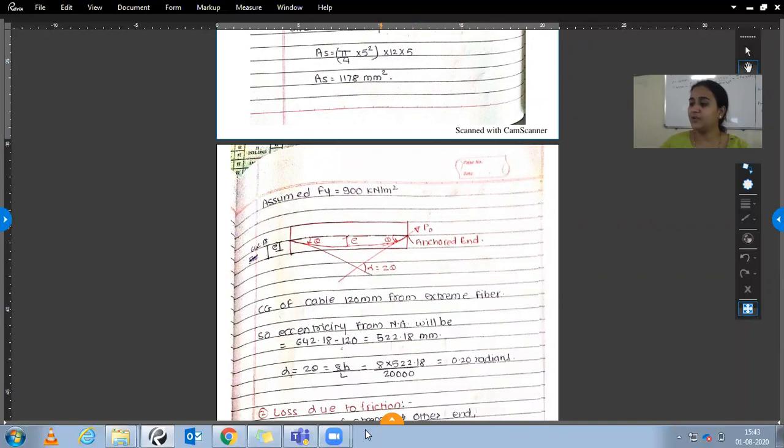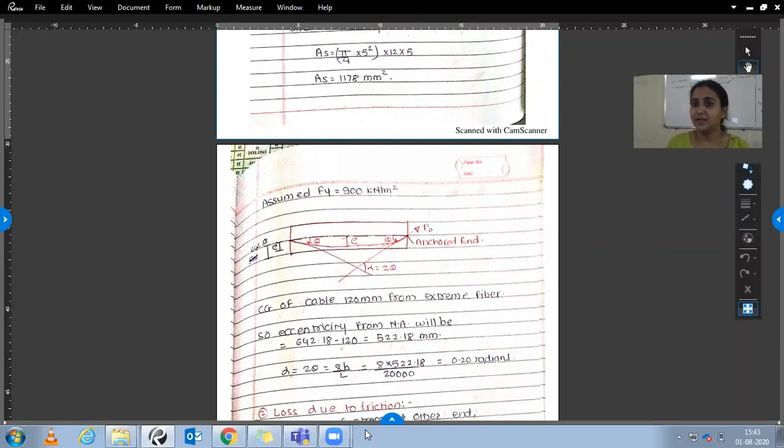Fy means we know Fe 250, Fe 415, Fe 500. What is that? That is the characteristic strength of the steel. We will calculate FCK; we know that in concrete we use M40, M30 like that. For steel we use Fe250, Fe415.